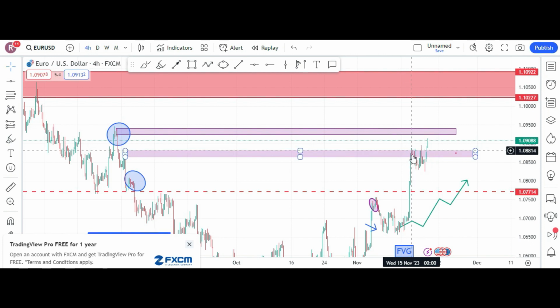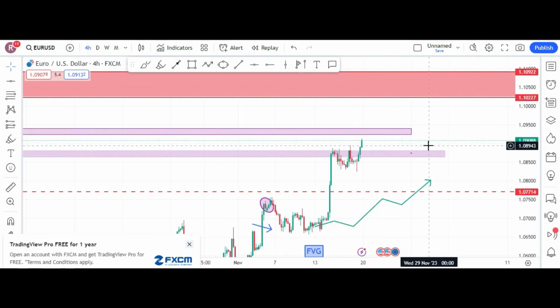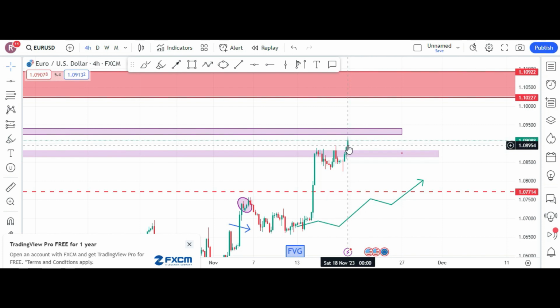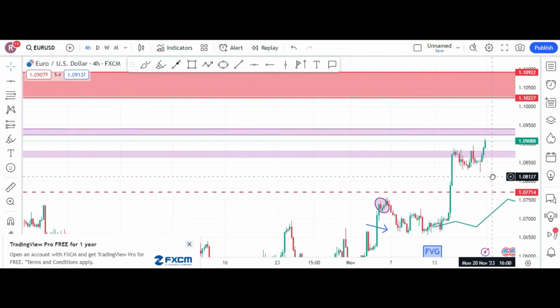Here the price came, pulled back, pushed up, pulled back, pushed up, and here we have a very good bullish candlestick.